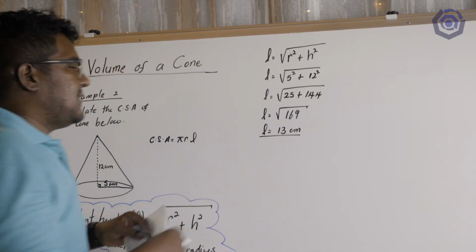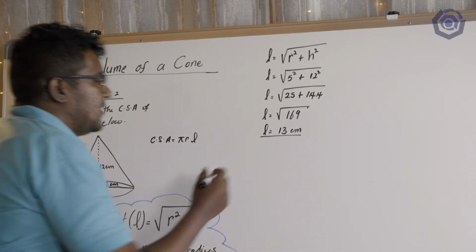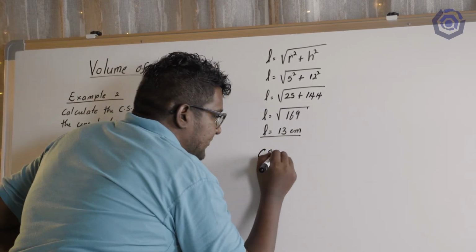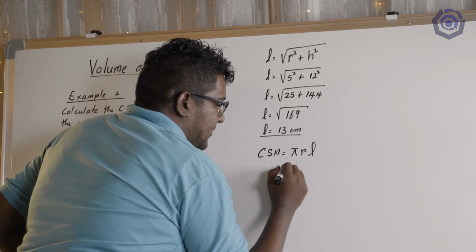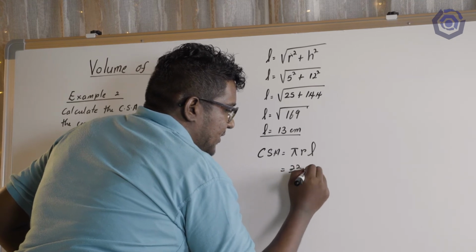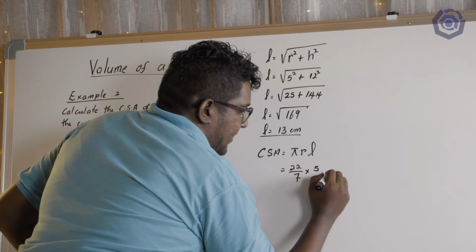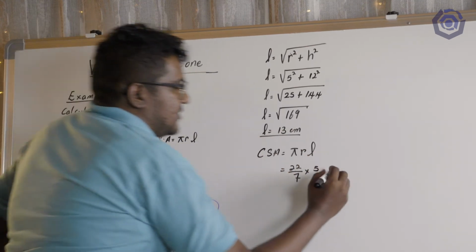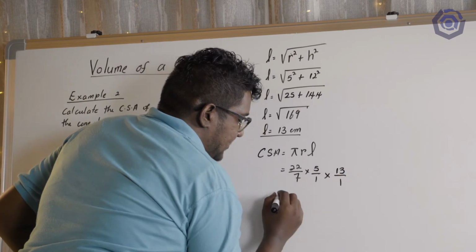Now that we found L, we can go and find our curved surface area. The curved surface area is equal to pi r L. We know that pi is 22 over 7, we know that r is 5, and we just found L to be 13. So we put them over 1, make them fractions.